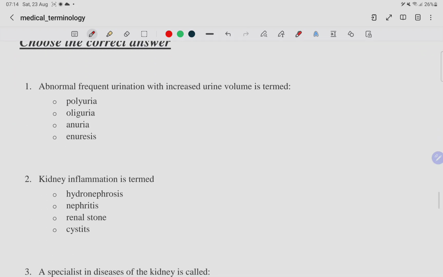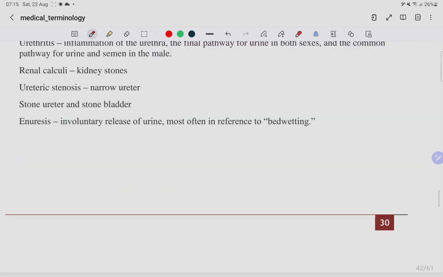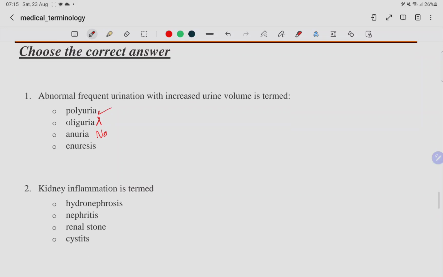Okay, let's recap it. Abnormal frequent urination with increased urine volume is polyuria. Okay, oliguria means scanty amount, anuria means no urine, enuresis means bedwetting.